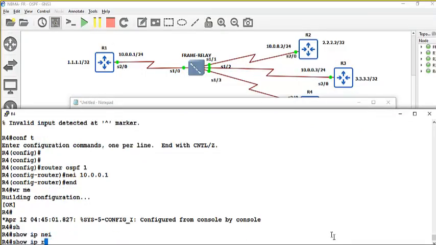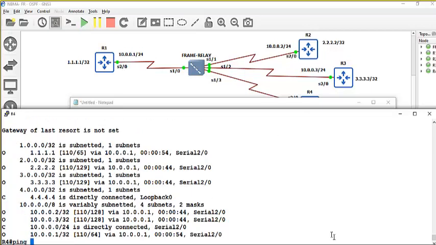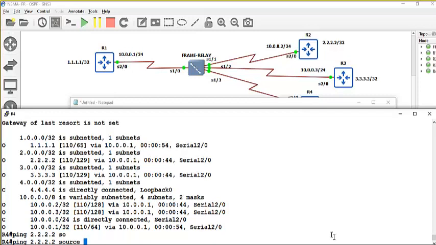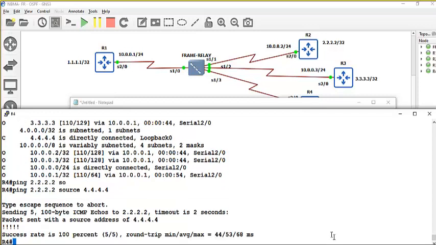Even now you can ping from here to the other sites. You see? This is the third method, third mode. Up to this, I want you to finish.